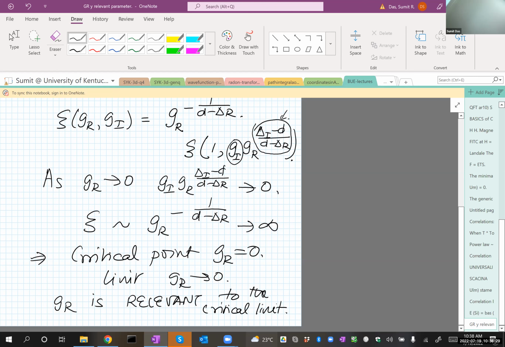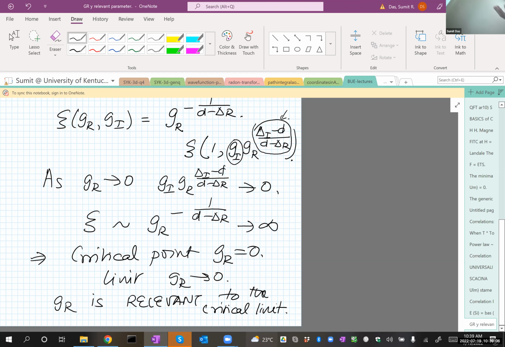The values of GI can be whatever they are. As long as I go to the critical limit, my answer doesn't depend at all on the values of GI. This is the key reason why the critical behavior of this object, whether it be a magnet or a liquid gas, depends only on the values of the relevant parameters. They do not depend on the values of irrelevant parameters.